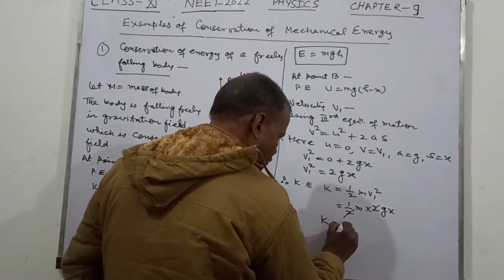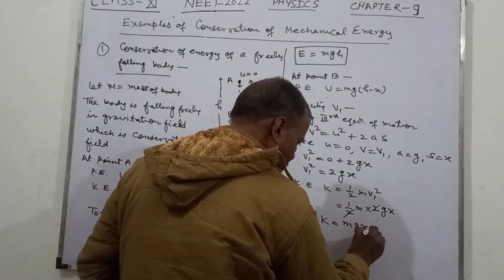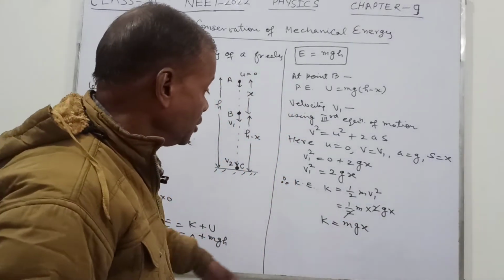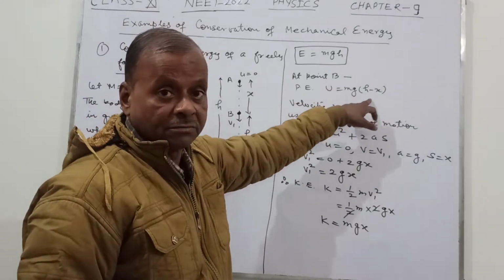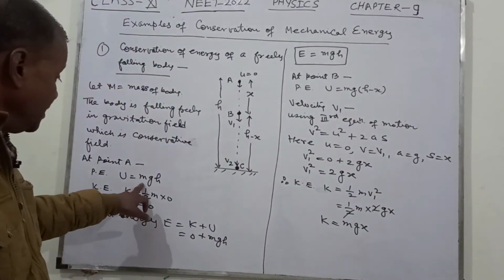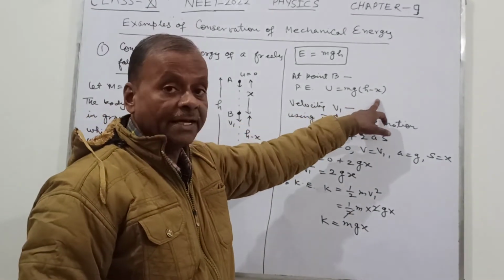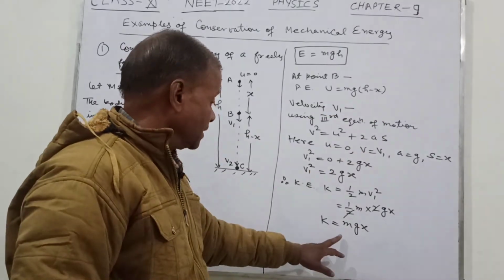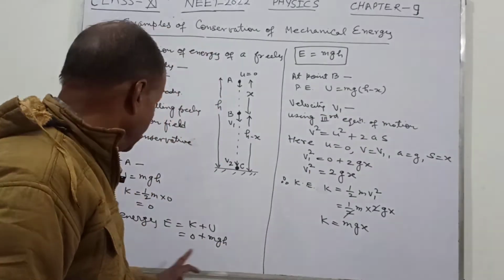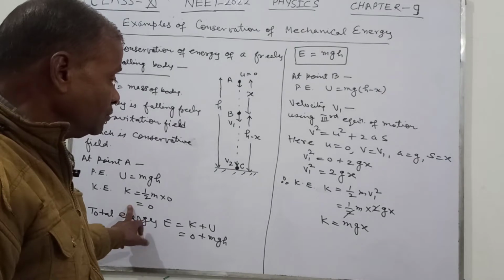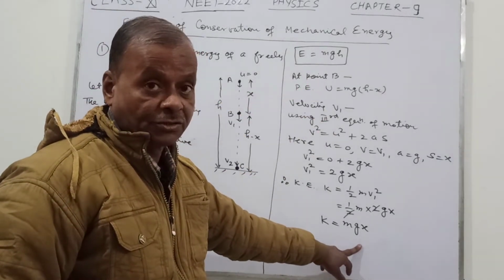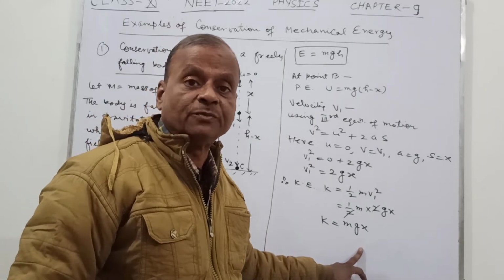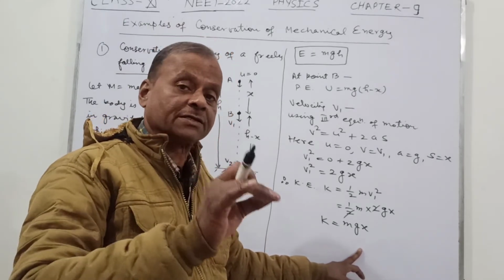So this K equal to mgx. So now you see that the potential energy has decreased, because here it was mgh and this is now mg into h minus x. The kinetic energy has increased. Here the kinetic energy is 0, but at the point B the kinetic energy is mgx. So kinetic energy has increased from 0 to mgx.